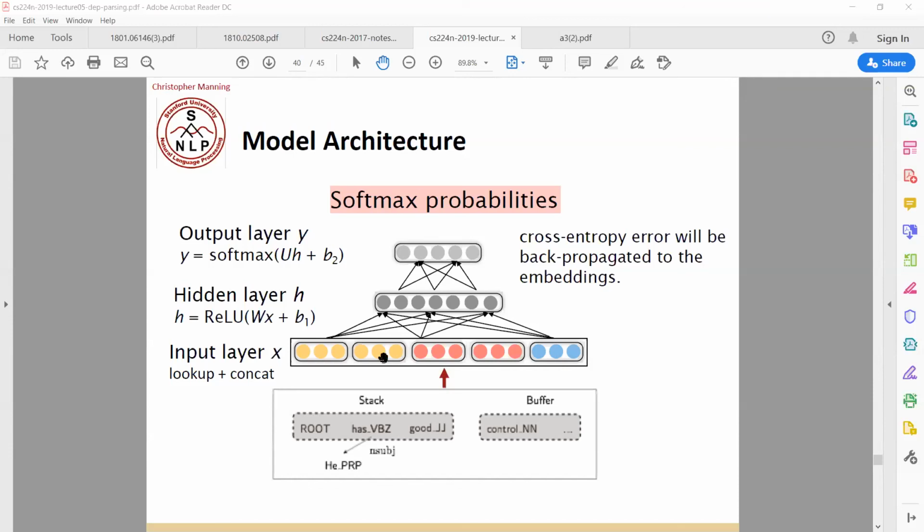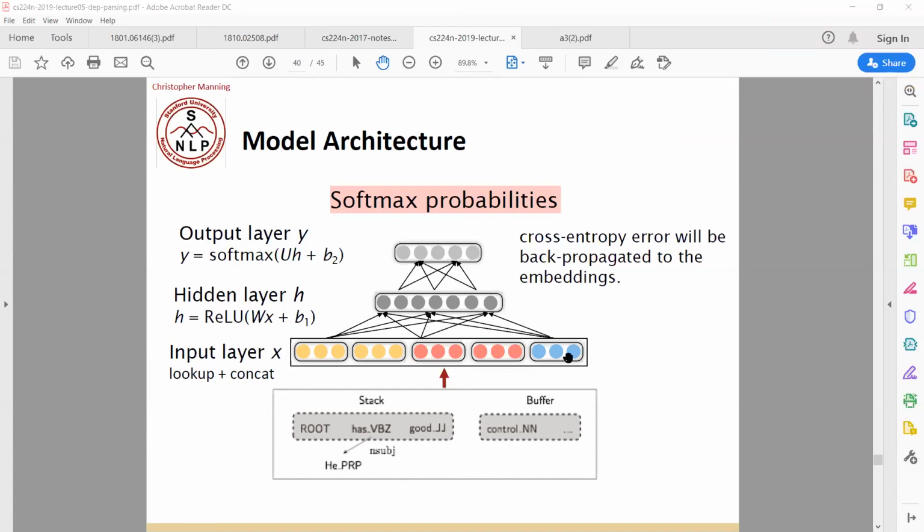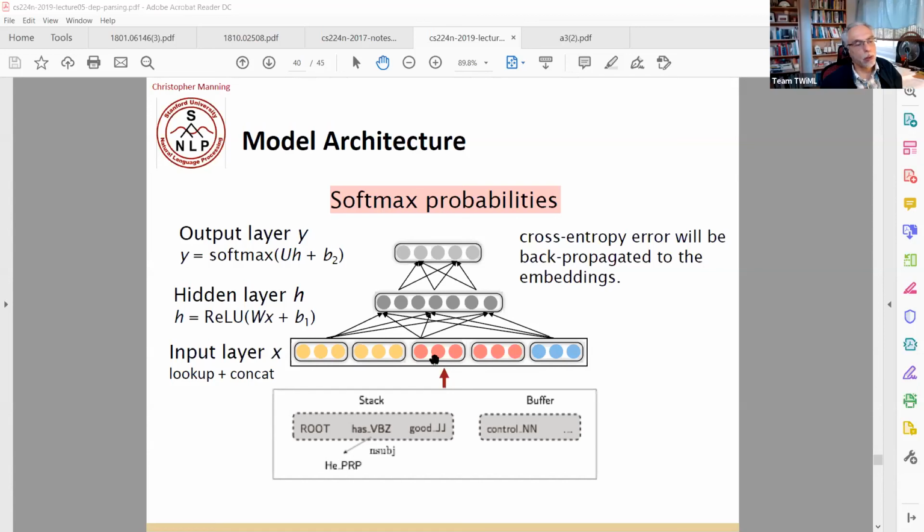You take the word that you're focusing on, its leftmost child and its rightmost child, and then the leftmost children of those children, so you end up with 18 d-dimensional word vectors. Yeah, there's one left out then, because there's a leftmost and a rightmost. But the yellow circles represent words. I think he's just run out of room on the diagram.